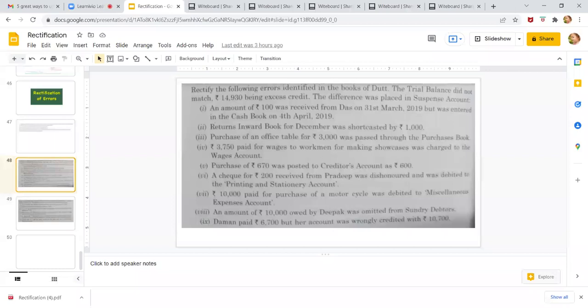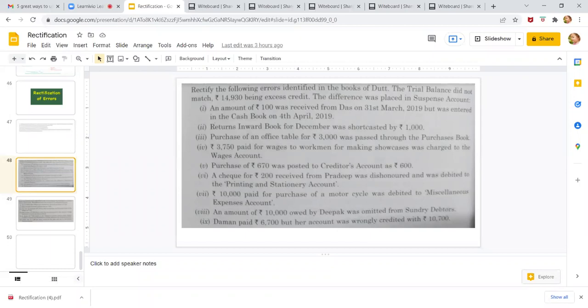In fourth, it's furniture account debit to wages account credit with the amount of 3750. Yes, very good. In fifth, it's suspense account debit to creditors account credit with the amount of 70. Yes, very good. In sixth, it's Pradeep account debit to painting and stationeries account credit with the amount of 200.